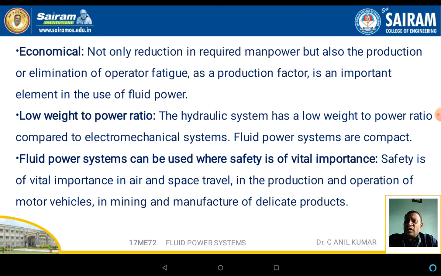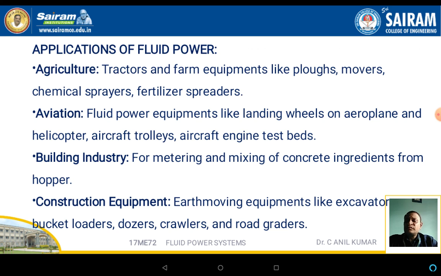Low weight to power ratio: hydraulic systems have a low weight to power ratio compared to electromechanical systems. Fluid power systems are compact. They can be used where safety is of vital importance.